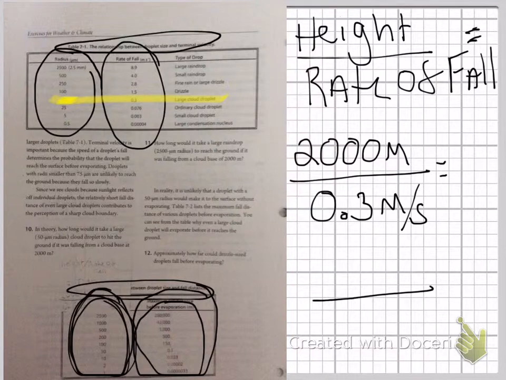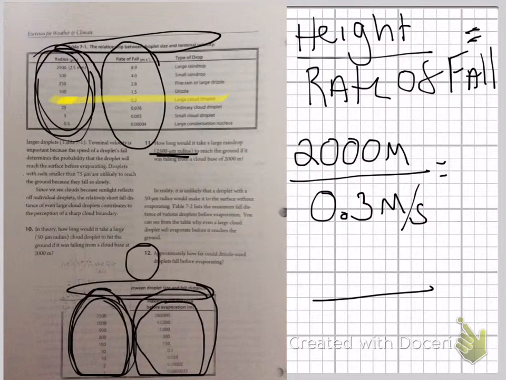Question 11 asks how long would it take for a larger rain droplet to fall 2,000 meters. So you're going to do the same equation again, but you're going to use the larger rain droplet from the table up above. And then finally, down in question 12, they ask you approximately how far could a drizzle-sized droplet fall before evaporating.